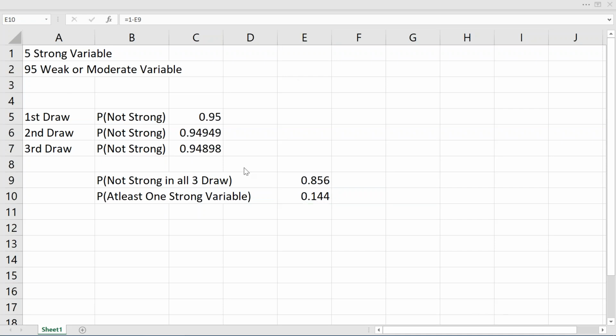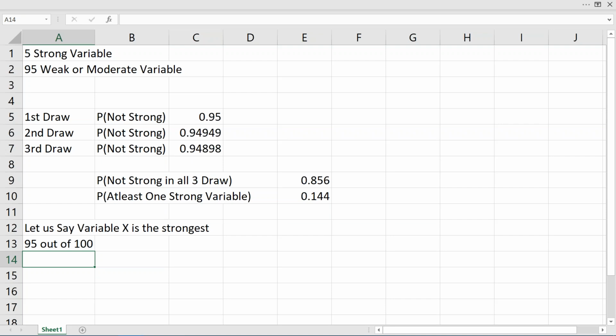Now let us take another scenario. Out of the 5 strong variables, let us say variable X is the strongest. And we are now going to select 95 attributes out of 100 for my model development, and the model will be 1 level deep only.